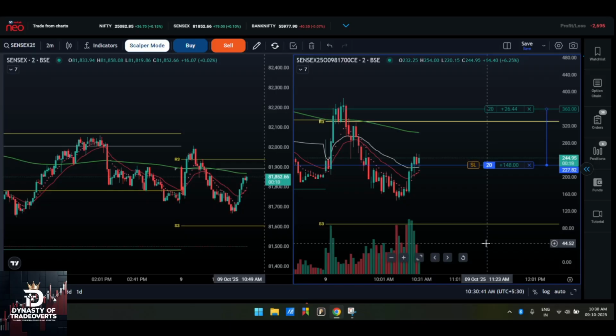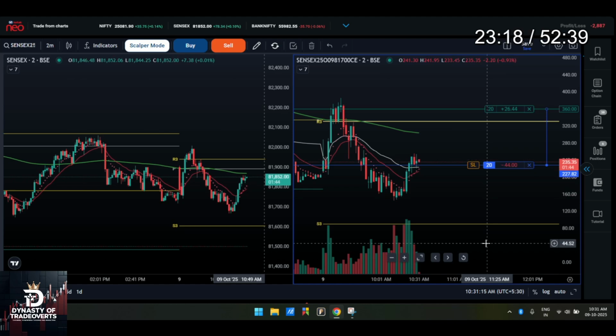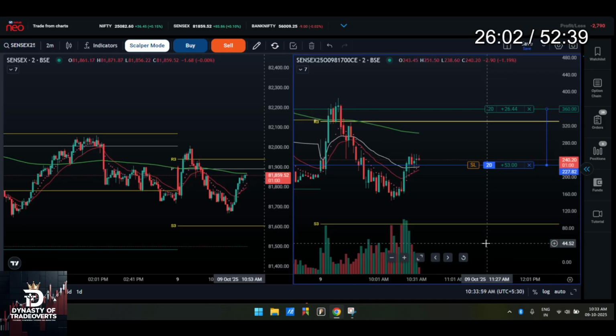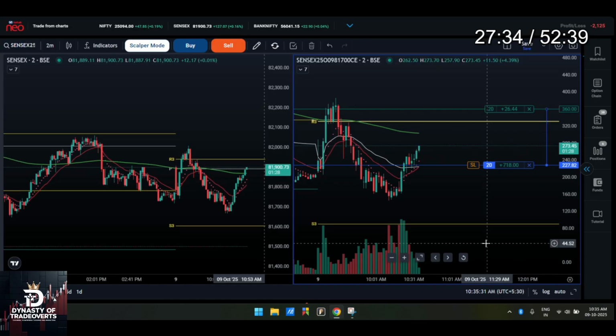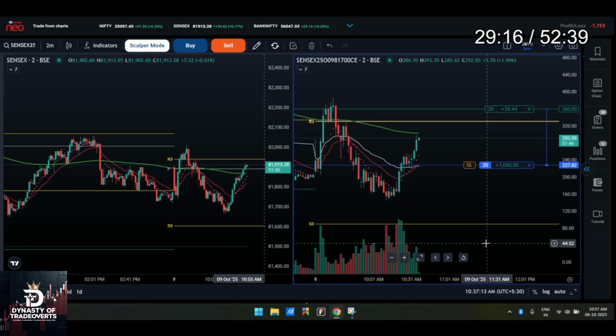Okay, my gain, placing a 150 points target. I'm trying to recover all my losses with a single trade. It's already giving me 1,000 rupees profit.